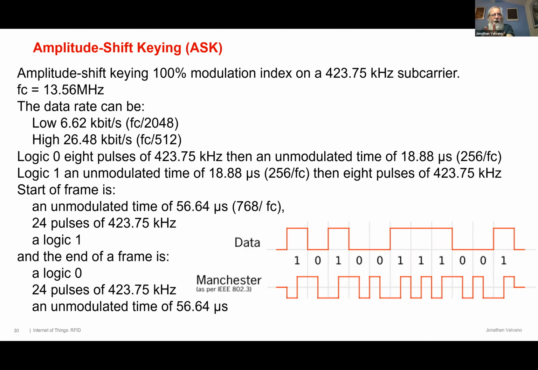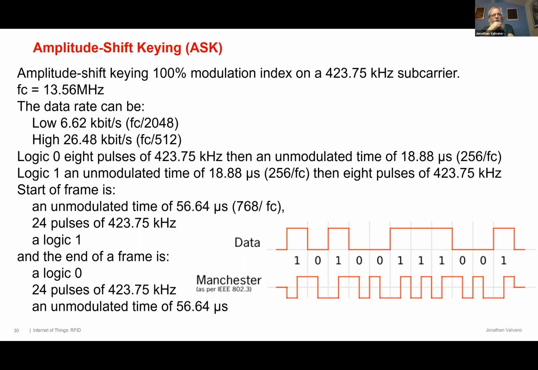And then a 0 is 8 pulses followed by 8 blanks. A 1 is 8 blanks followed by 8 pulses. And it's got a start frame, a long time of no pulse, then 24 pulses, like a start bit of a UART.